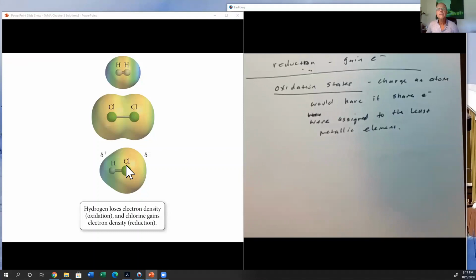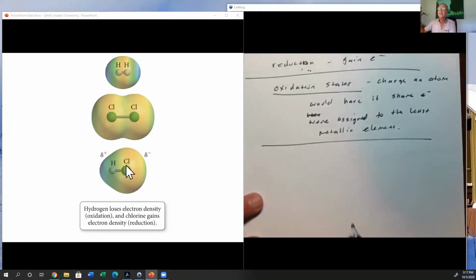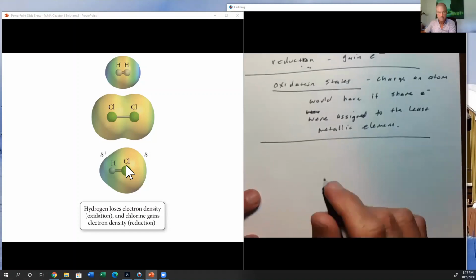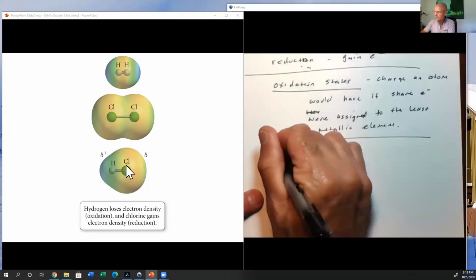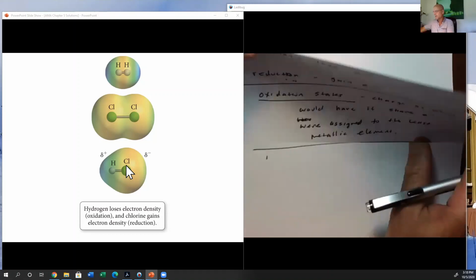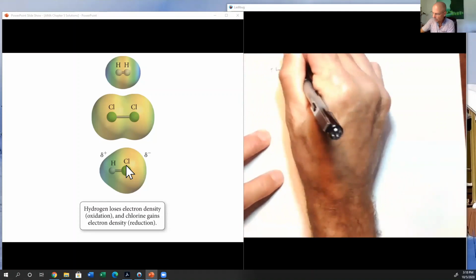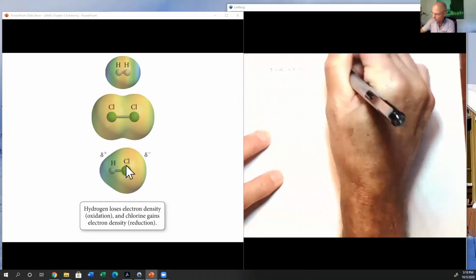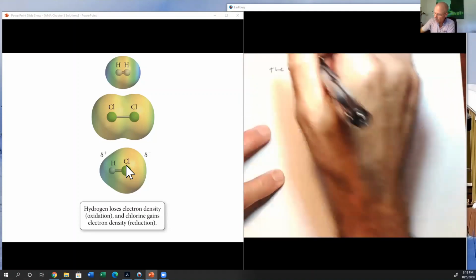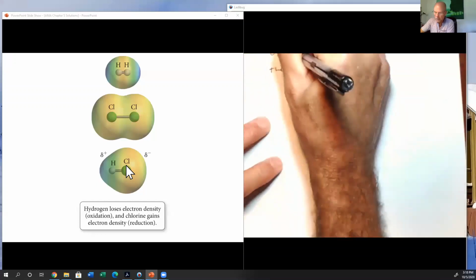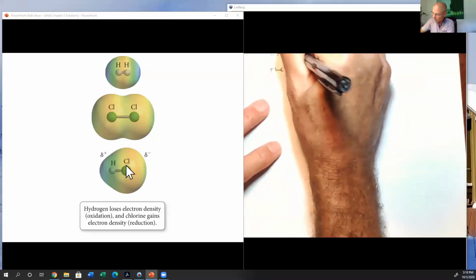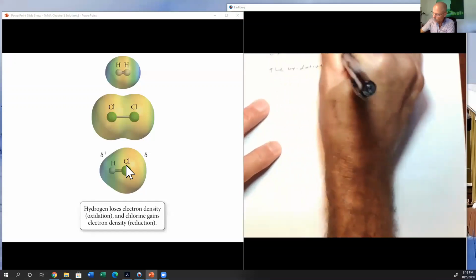Now, this is not always easy to predict, so we have some rules that we can follow to assign these oxidation states. So let me give you the rules real quick, and then stick with me. I'm going to go over by maybe a minute or two just to show you an example. So here are the rules. Number one, the oxidation state rules.